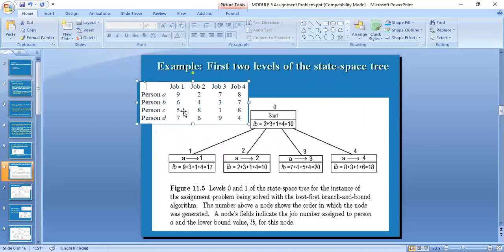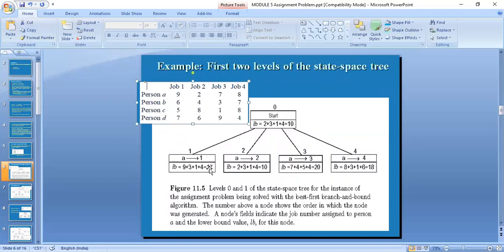Now, in B, you see what is the least value. The least value again is 3. For person C, the least value is 1. Person D, the least value is 4. Don't see any other constraint. We are just seeing it for person A. Now see to that persons B, C, D are not having job 1. That's it. Otherwise, you can go for the minimum value.